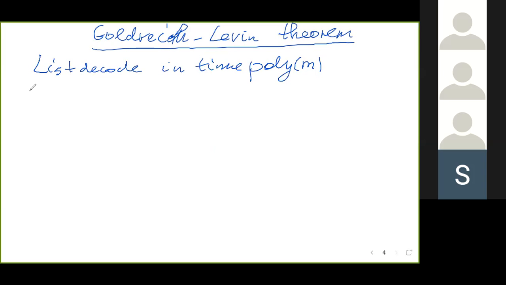So we are given a corrupted table of a function f, which has the length 2 to the m, which is exponential in m, and we want to find a small list of candidates for f.